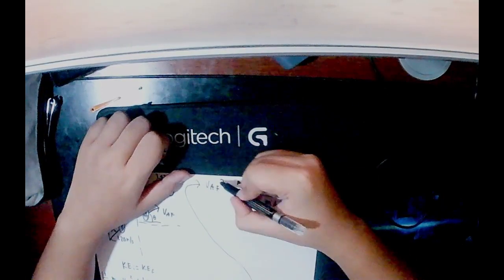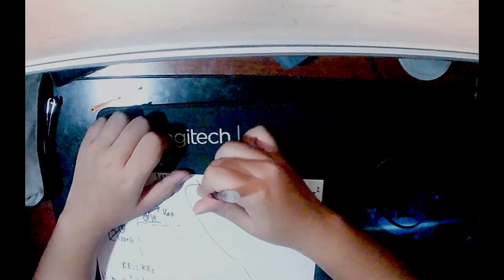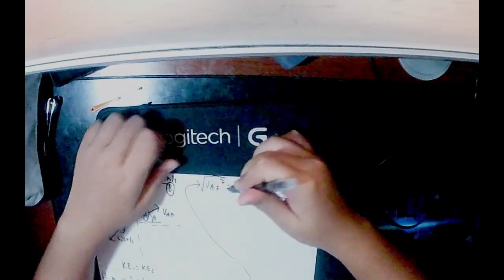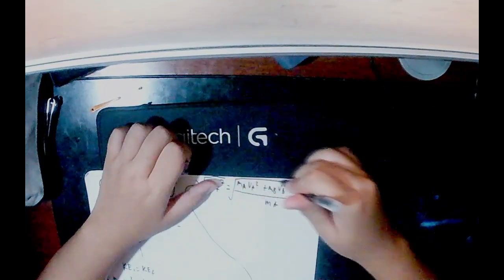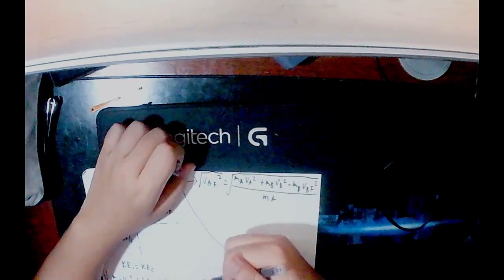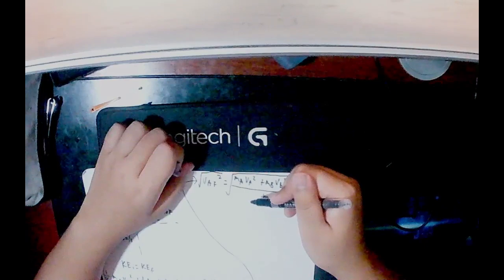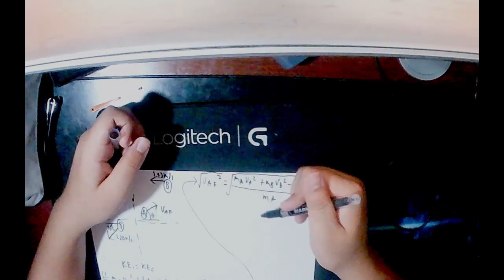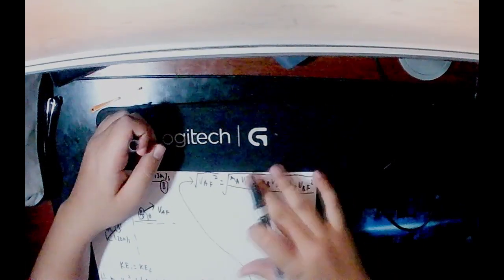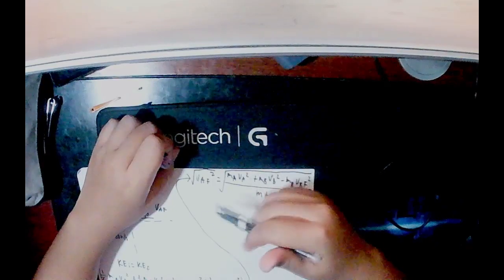Okay. So, kailangan natin matanggal tong squared na to. So, maglalagay natin ng square root sa both sides ng equation. So, ayan. Ang gawin lang natin ay i-substitute natin ang ating mga given.